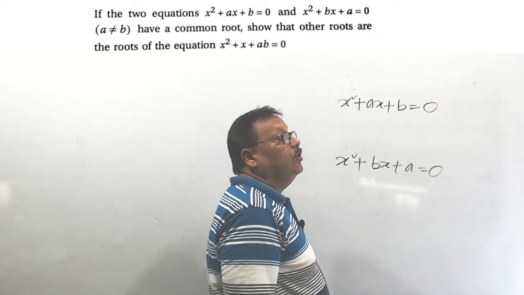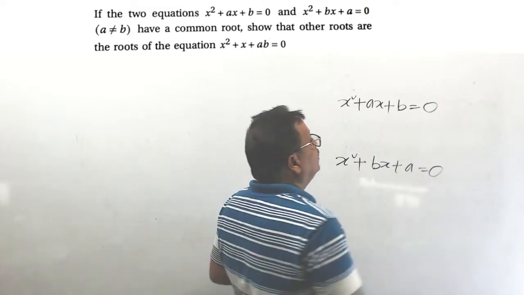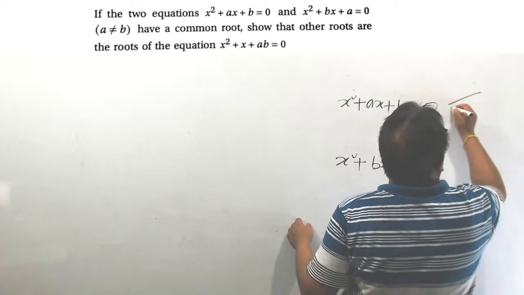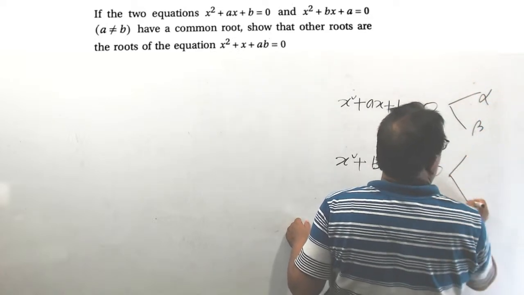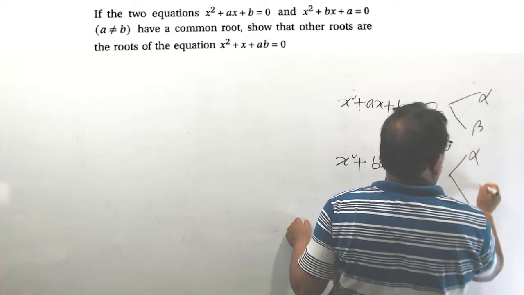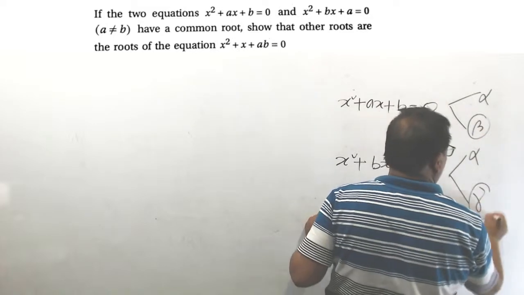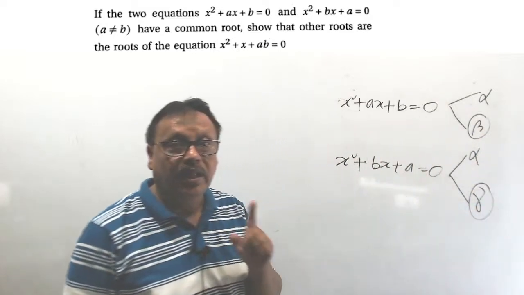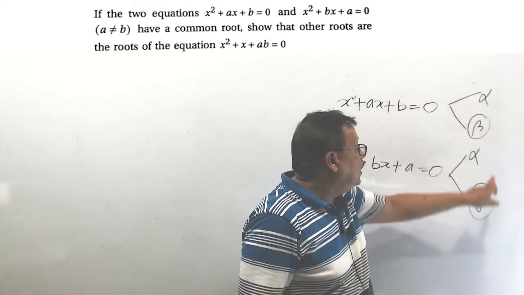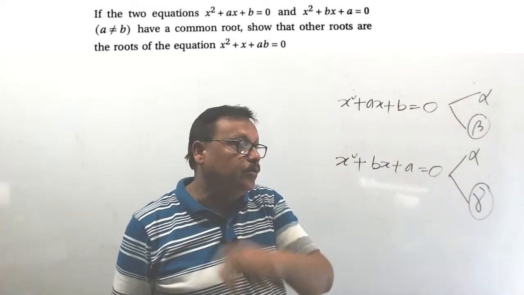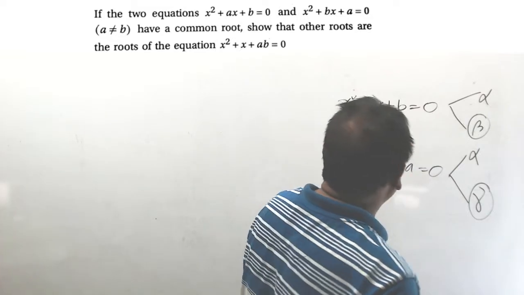Show that the other roots, meaning what? Say this equation has one root alpha and the other root beta. This equation has one root alpha and the other root gamma. So beta and gamma are the other roots. Alpha is the common root. Beta and gamma are the two other roots.